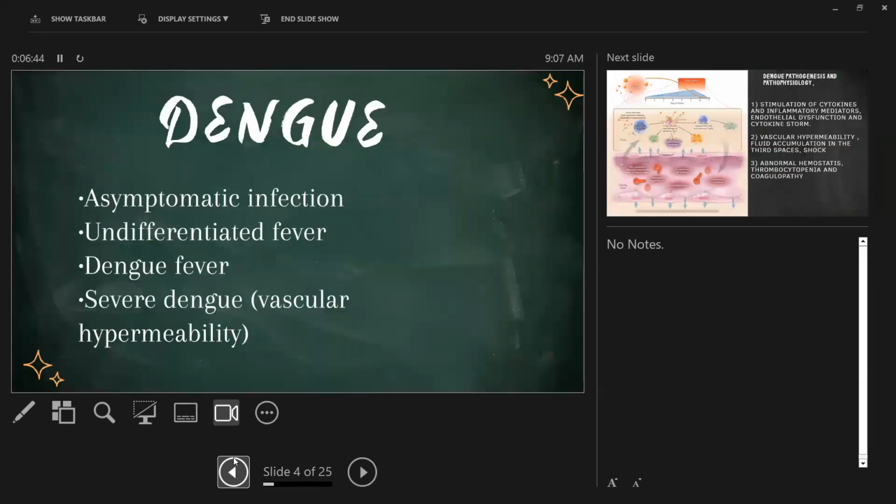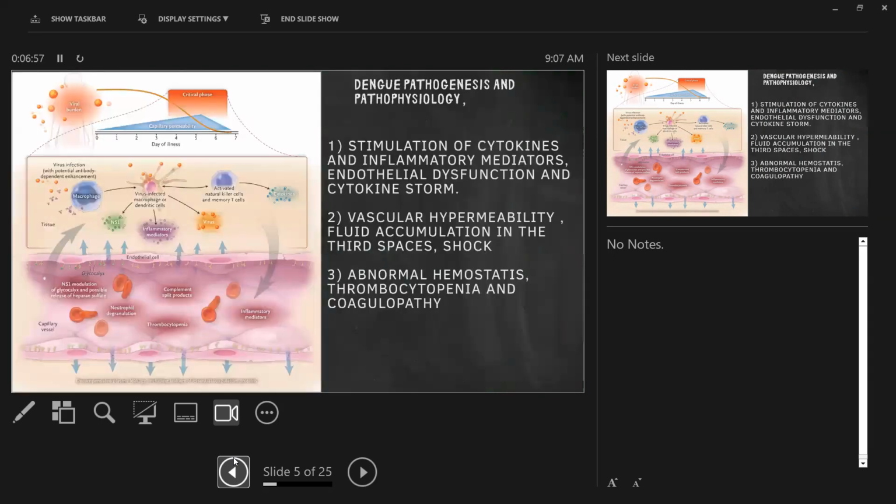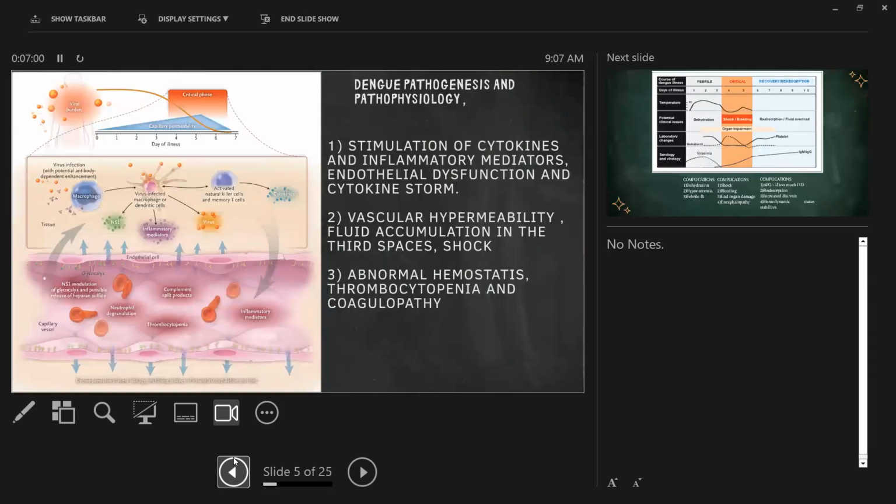So dengue, just like any other infectious disease, can be asymptomatic, a febrile illness, influenza-like illness, dengue fever, which is diagnosed, and severe dengue, which is characterized by vascular hyperpermeability. Basically, part 1 is the pathogenesis. When the dengue virus goes into our bloodstream, if the patient has severe dengue, these reactions will occur.